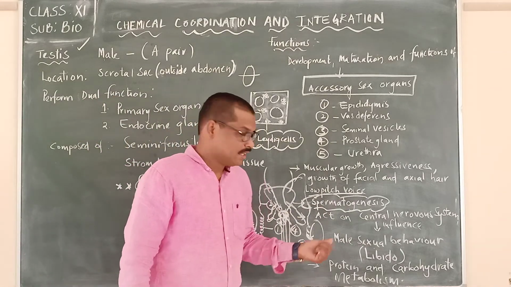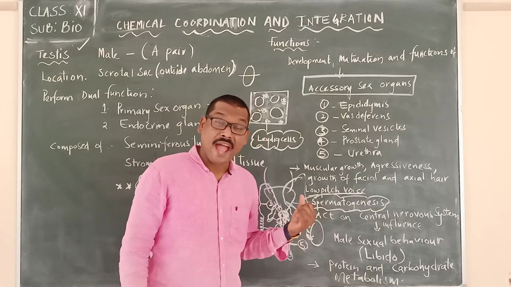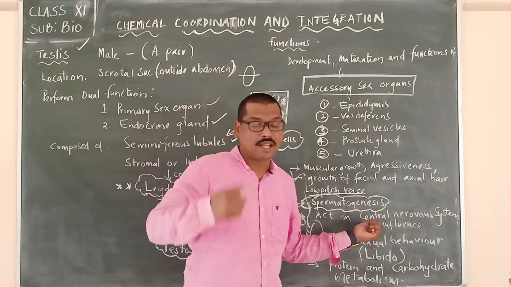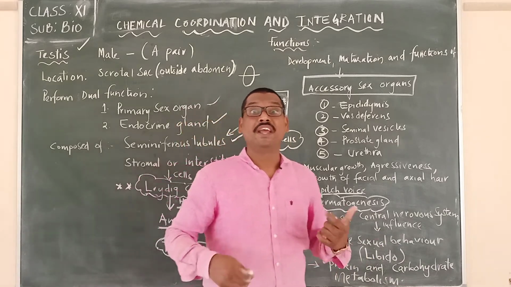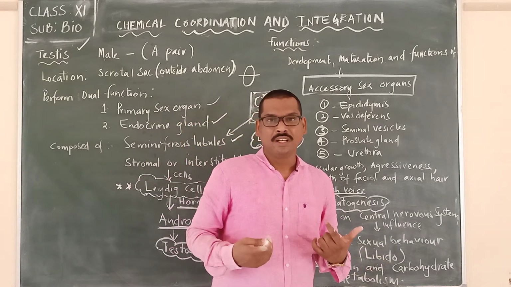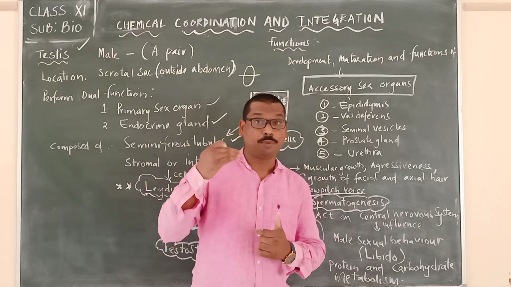Not only that, this particular hormone acts on the central nervous system, and it influences male sexual behavior. Their behavior will be slowly changing as they reach the puberty stage.